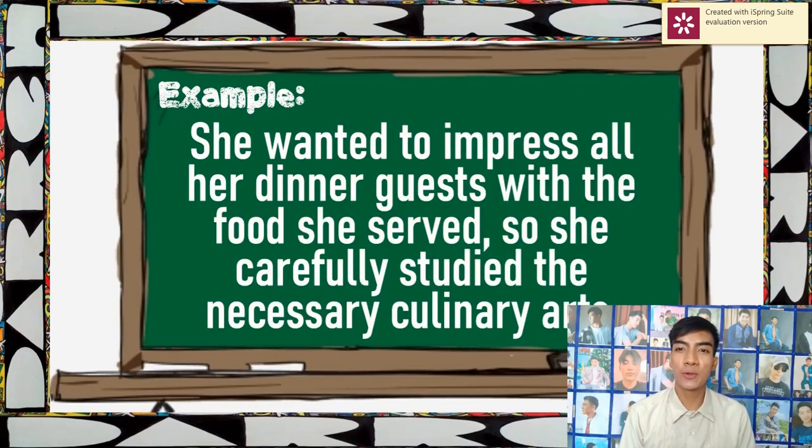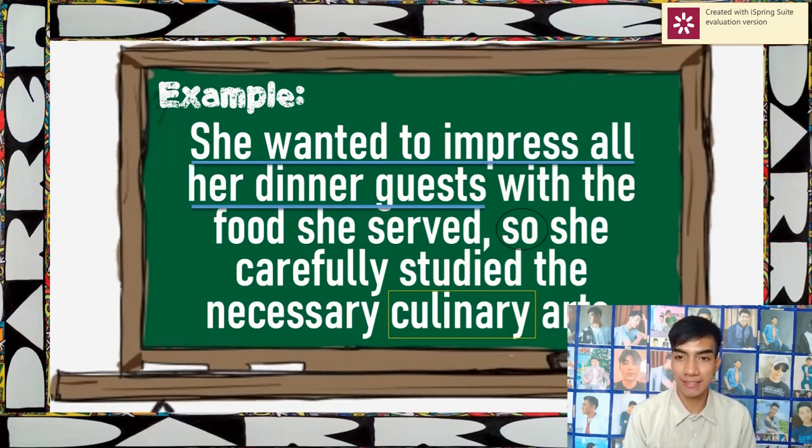She wanted to impress all her dinner guests with the food she served. So she carefully studied the necessary culinary arts. The unfamiliar term here is the word culinary. The cause here is that she wanted to impress all her dinner guests. So, as an effect, she carefully studied the necessary culinary arts.